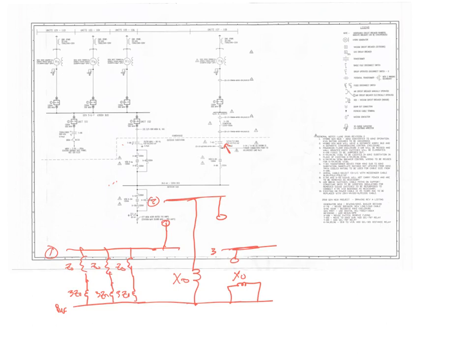Okay? So this is bus 3. There's no connection to bus 2 or bus 3 at all, right? So those are terminated. And now I'm going to go into my generator, which has a Z0 and a 3ZN associated with it. Okay?